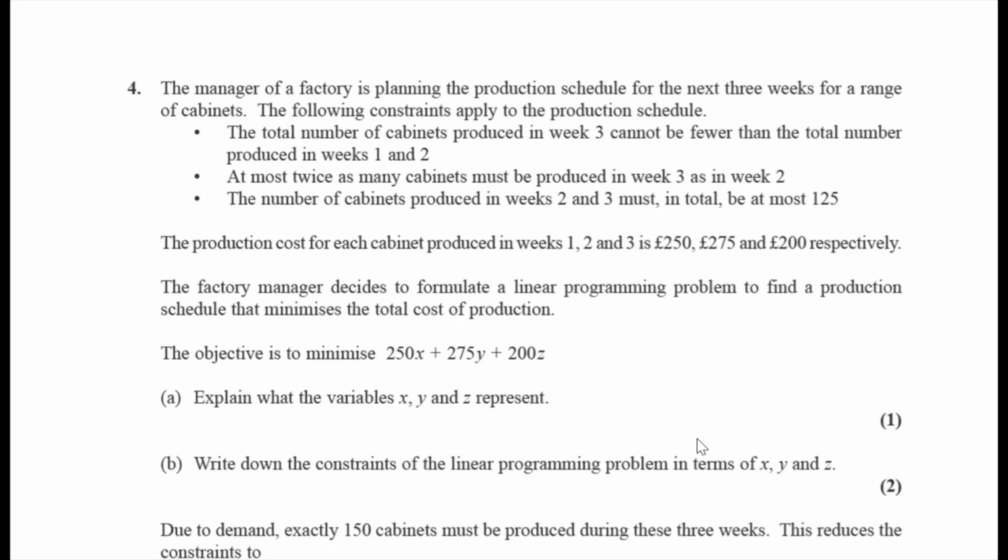Question number 4. The manager of a factory is planning the production schedule for the next 3 weeks for a range of cabinets. The following constraints apply to the production schedule. The total number of cabinets produced in week 3 cannot be fewer than the total number produced in weeks 1 and 2. At most, twice as many cabinets must be produced in week 3 as in week 2.